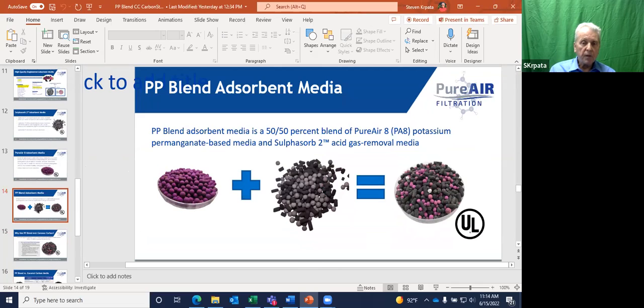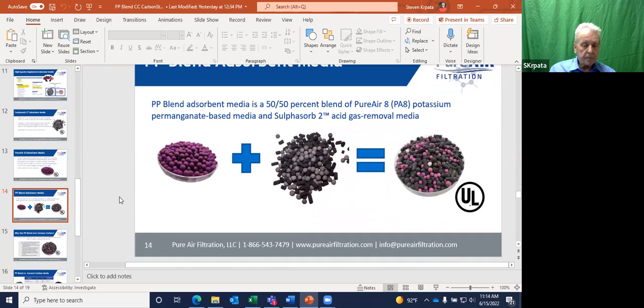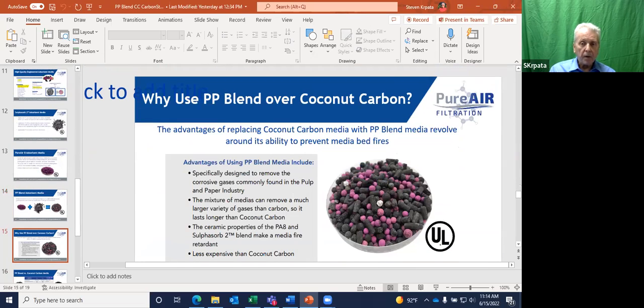So the 50-50% blend of PureAir 8 and Sulfazorb 2, PP blend as the name implies, creates a blended media that's less expensive than carbon media alone.